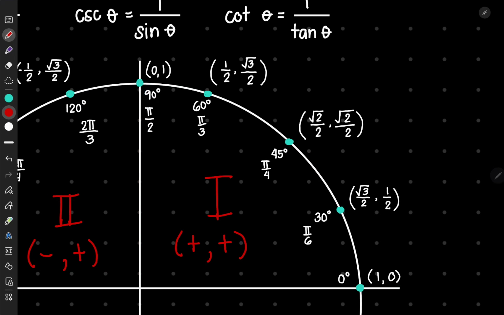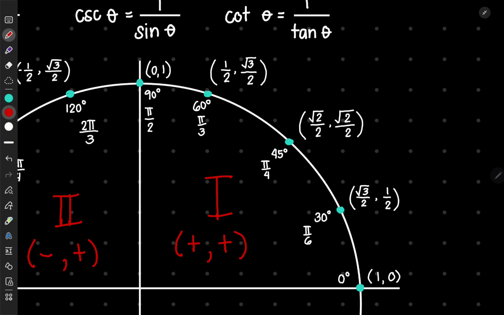Both x and y coordinate are positive dito. So, for the angle natin na 0 degrees, yung x and y natin or yung point natin dyan would be 1 and 0.